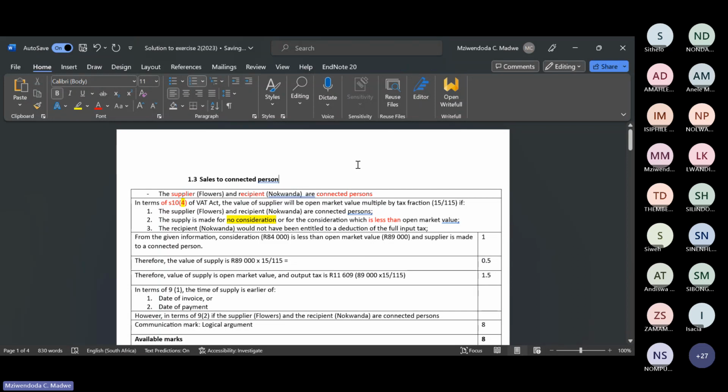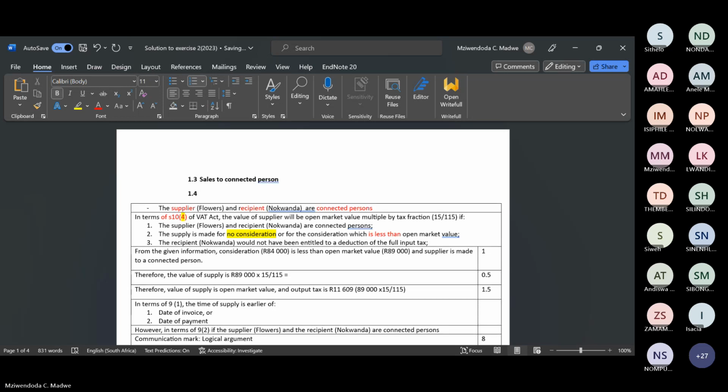You will remember that in our example, the consideration is 84,000, whereas open market value is equal to 89,000.